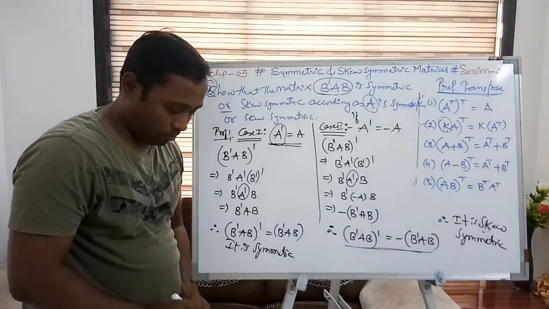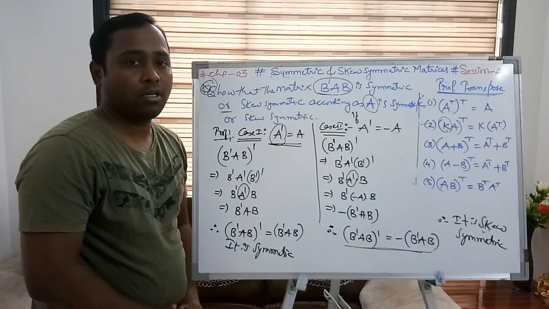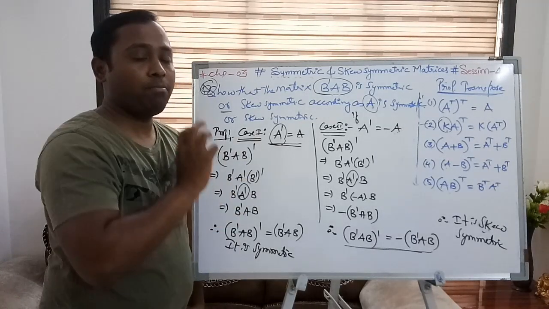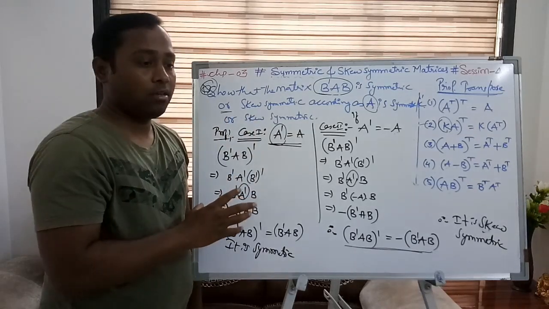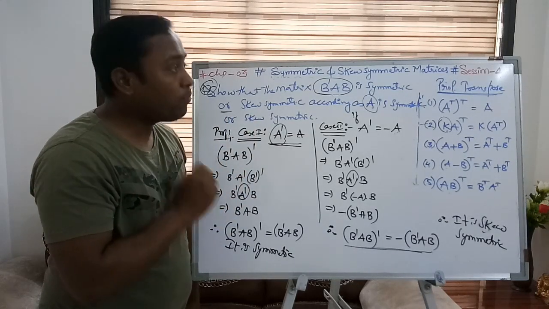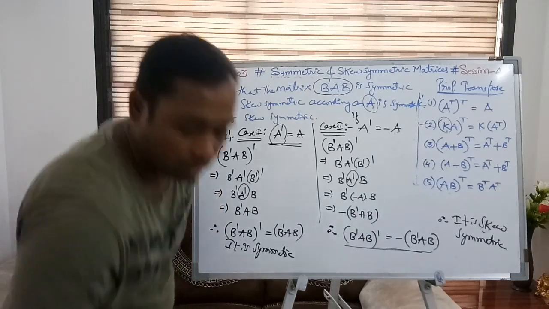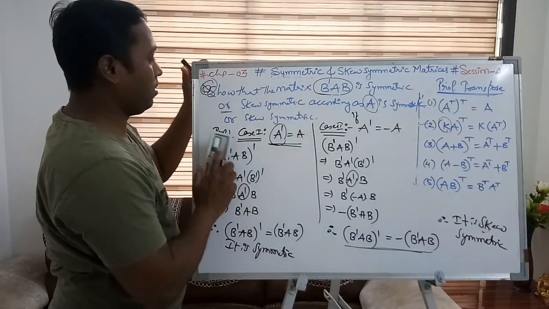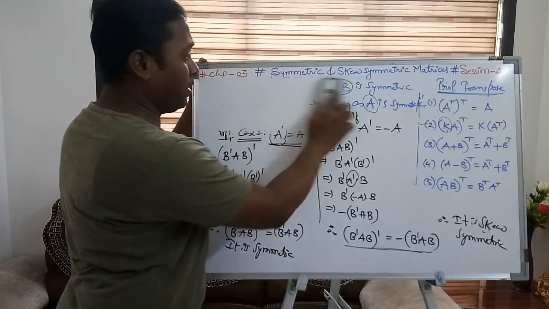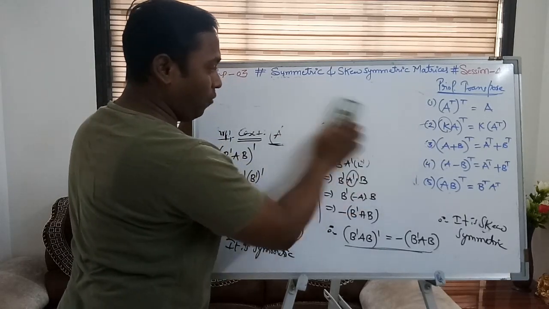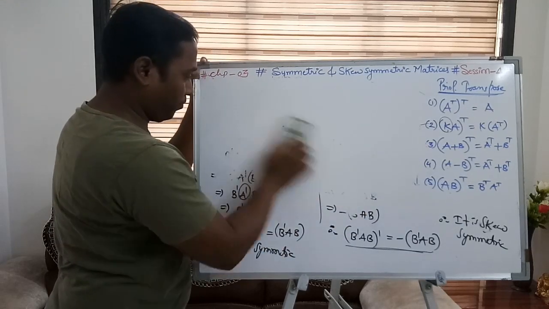Hope we have understood the concept of standard results here. So I am simply listing the important results we have proved for symmetric and skew symmetric, where you need to remember their derivations because they are asked in the form of questions.